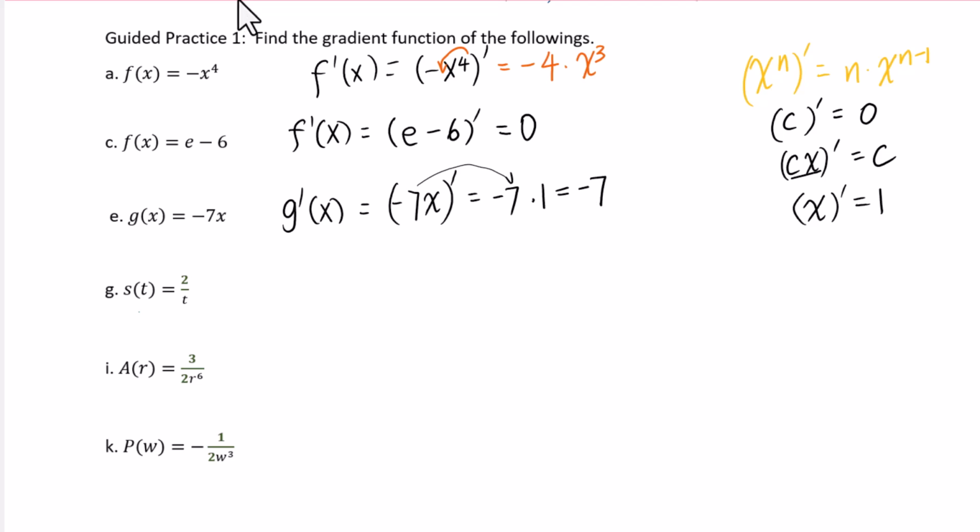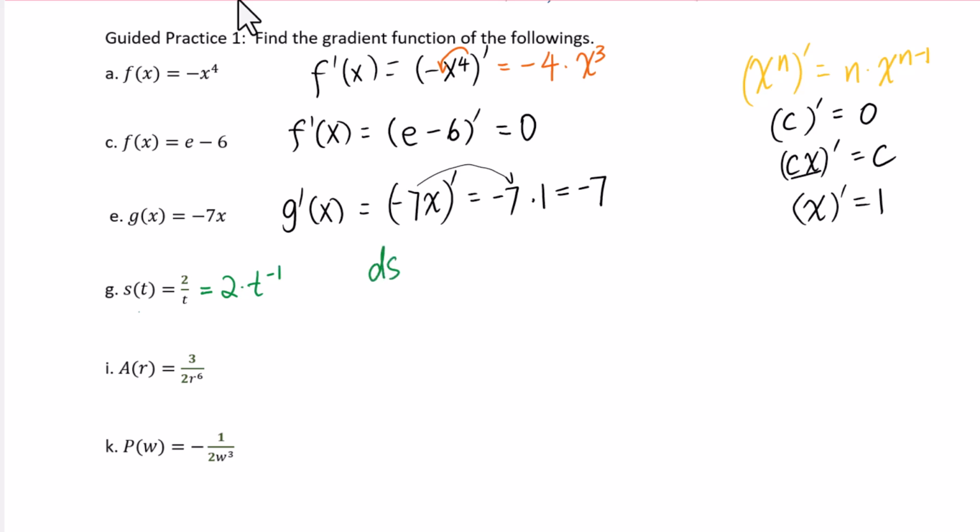Look at s. S of t equals 2 over t. First of all, we need to change this into single power, 2 times t to the power of negative 1.